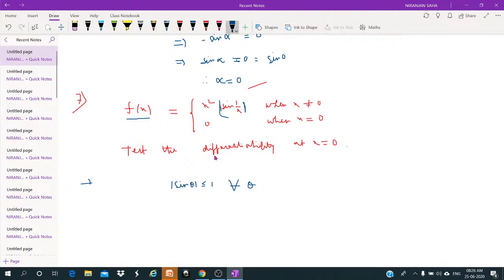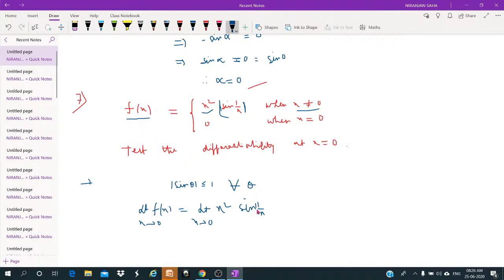But when we find the limiting value at x equal to 0, when x tends to 0, it gives 0. I mean to say the limit of f(x) when x tends to 0, I am considering both left hand limit and right hand limit, both are equal here, of x square sine of 1 by x.